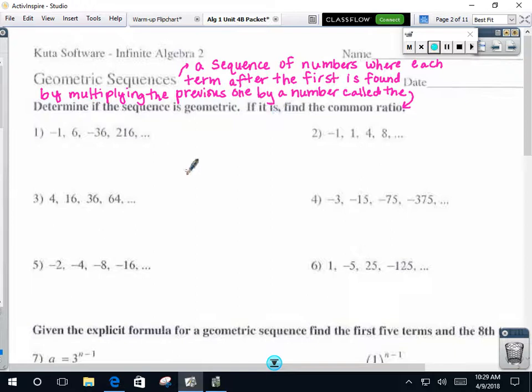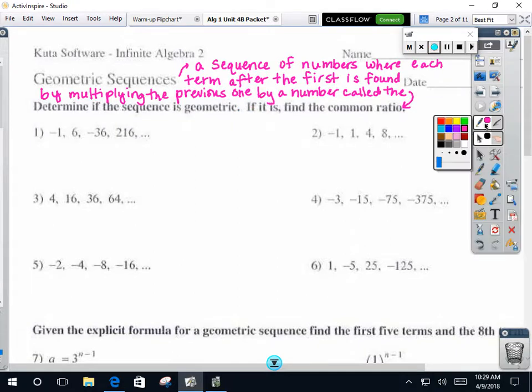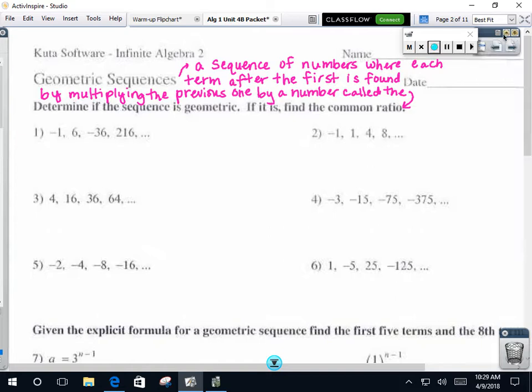Okay, in the first 6, the directions are to determine if the sequence is geometric first. If it is, find the common ratio. Well, to determine if it's geometric, it has to meet the criteria given in this definition. Is this a sequence of numbers where each number is found by multiplying the previous one by the same number every time?